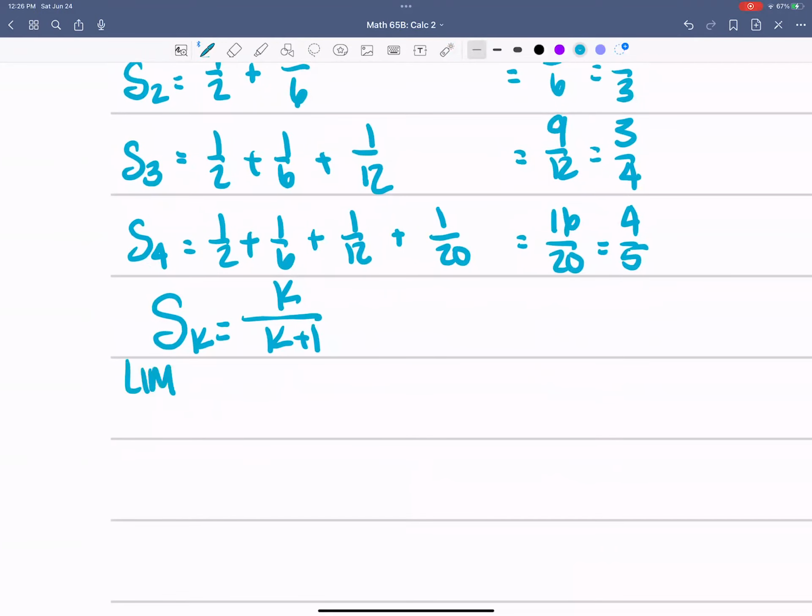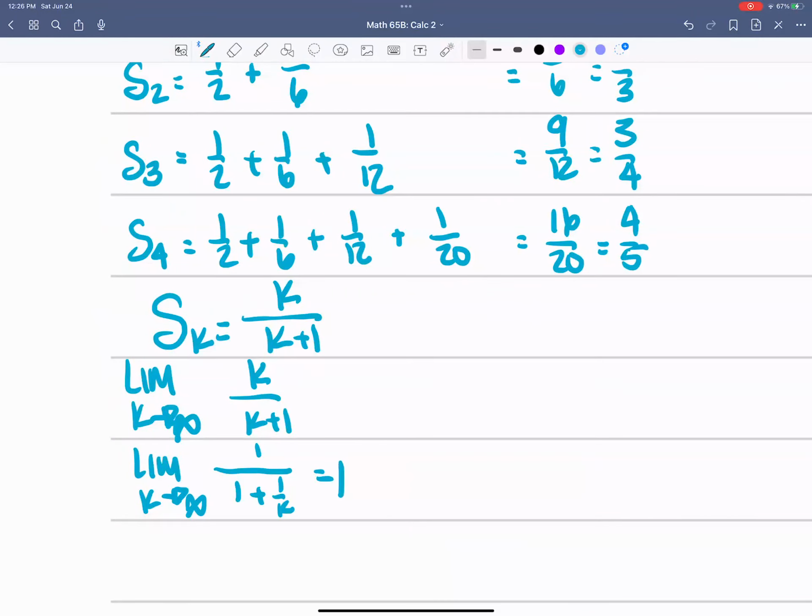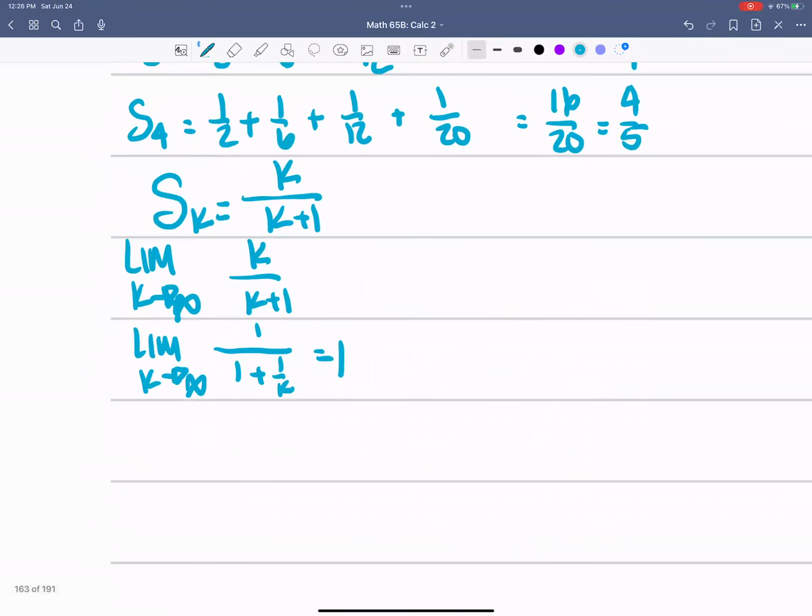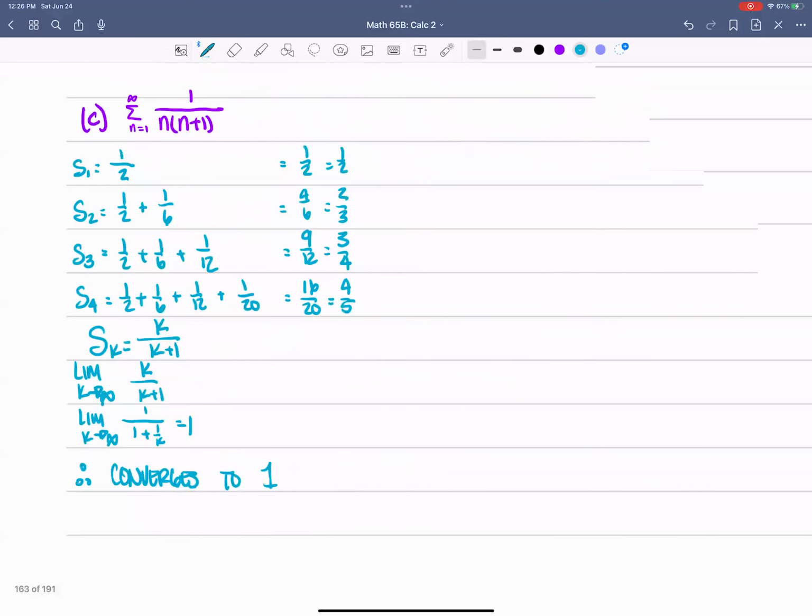The limit as k approaches infinity of k over k plus 1 is the limit of 1 over 1 plus 1 over k, which ends up going to 1. So we would say this converges to 1.